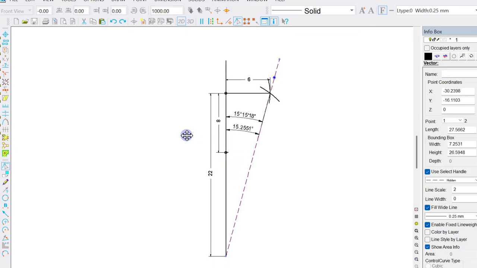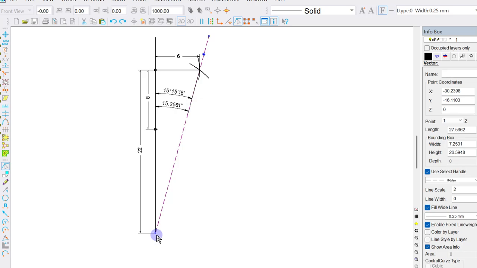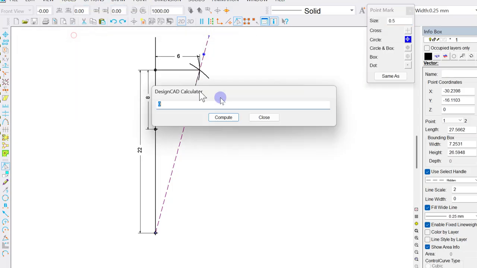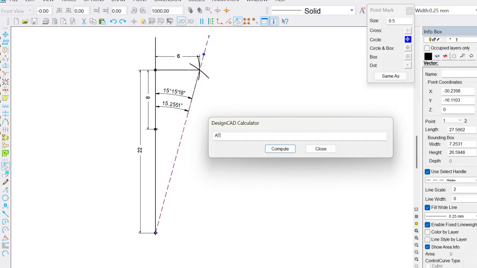So the theodolite will set you up, basically, so you set up on this point, you backsight this angle here, and set your instrument to horizontal angle right, and then you're going to calculate this angle. So the way you do that is Tools, Calculator, and then it's arctangent, A-tan of 6 divided by 22, and that's going to give you an angle 15.2551, right?